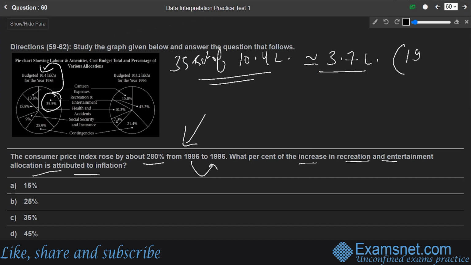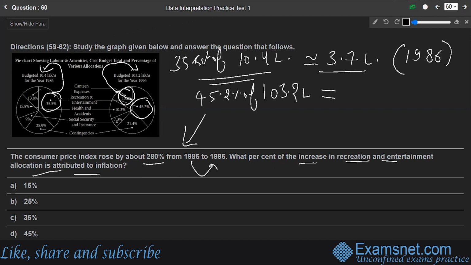So this is the value of entertainment in 1986. Now let us find out 1996. What is the value in 1996 for entertainment? It's written here 15.8%. Rather, the entertainment value is 45.2%, not 15%, it is 45.2%. So we are supposed to find out 45.2% of, this time around, the total budget of 103.2 lakhs.